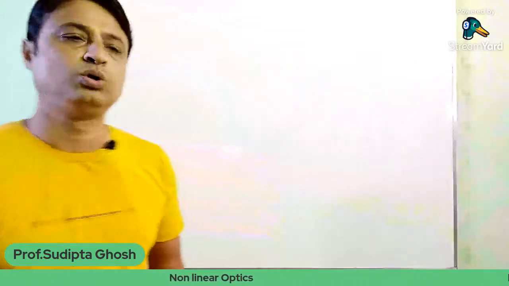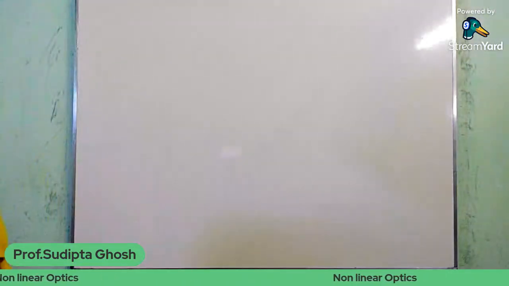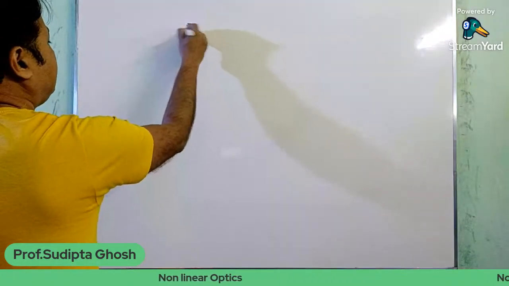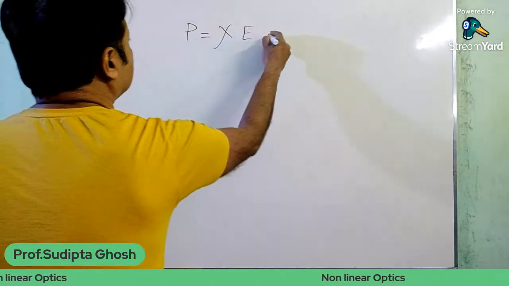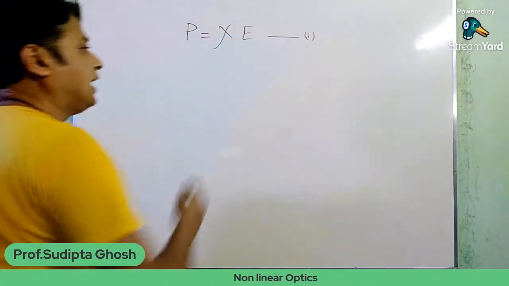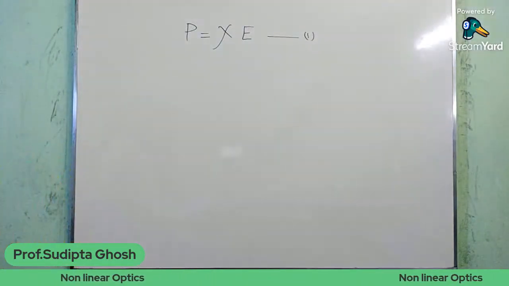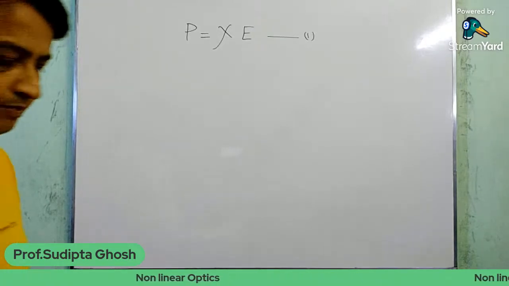As we know, if the dielectric or medium polarization, the material polarization, is expressed as P, then P equals chi into E, where chi is the dielectric susceptibility and capital E is the electric field of the material.